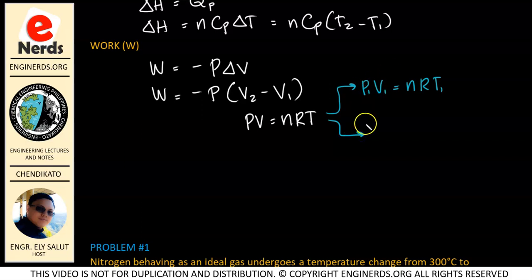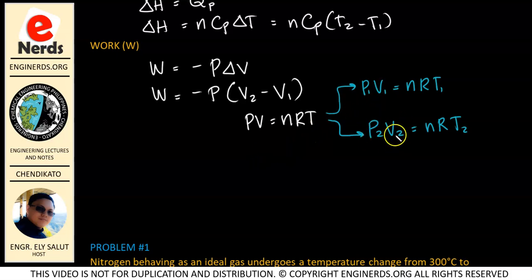And for the final condition, we have P2 V2 is equal to nRT2. So this will be our initial condition, and this is our final condition. Now, what would happen if we subtract our initial condition from our final condition?